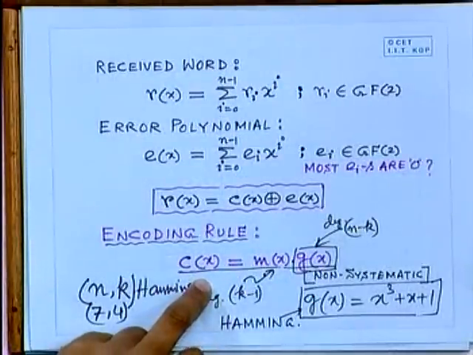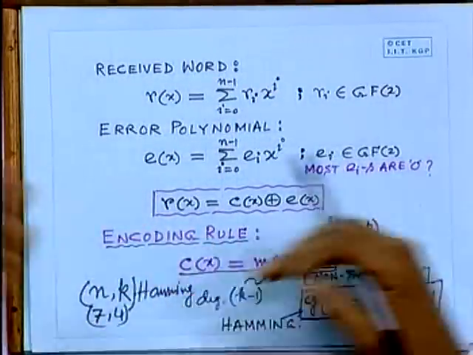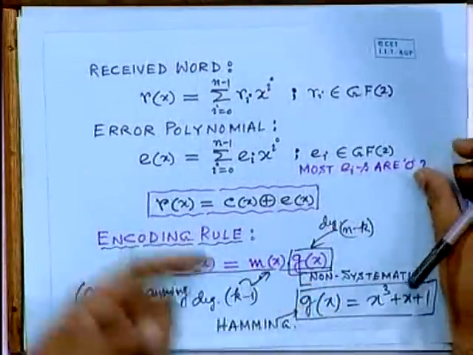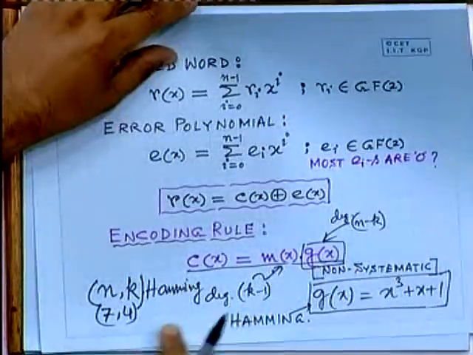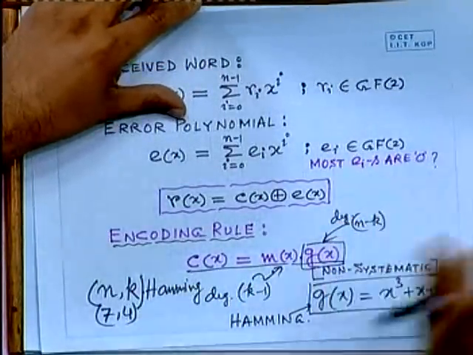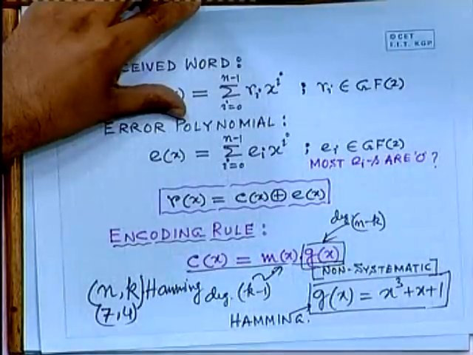Is it a systematic code or a non-systematic code? Non-systematic, isn't it? Because the message positions will get changed after multiplication with the gx. This same code can be put in an equivalent systematic form as well. This code incidentally can correct a single error.